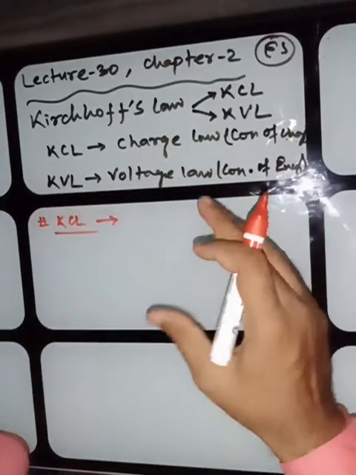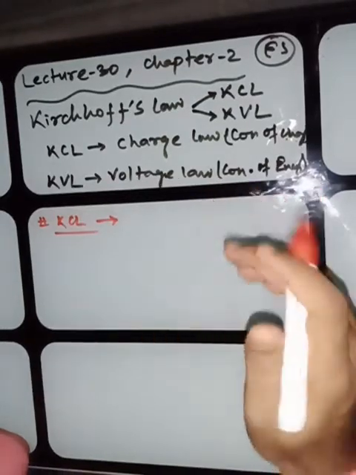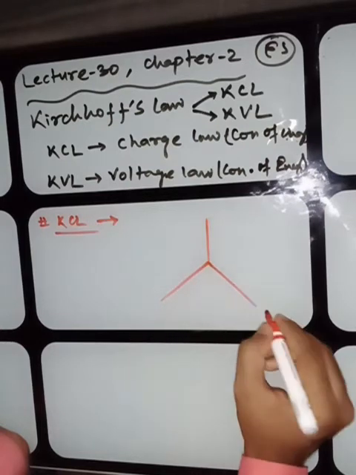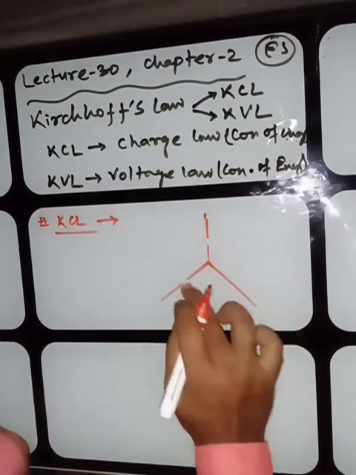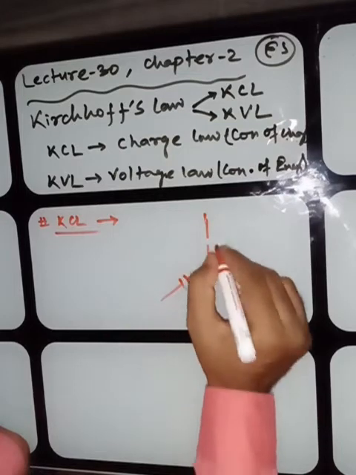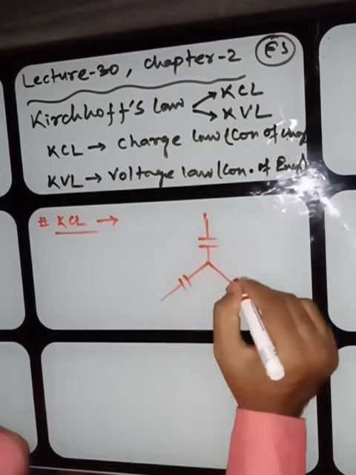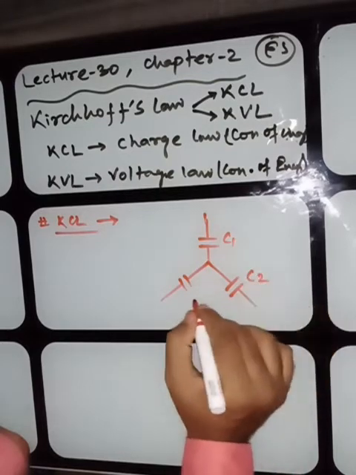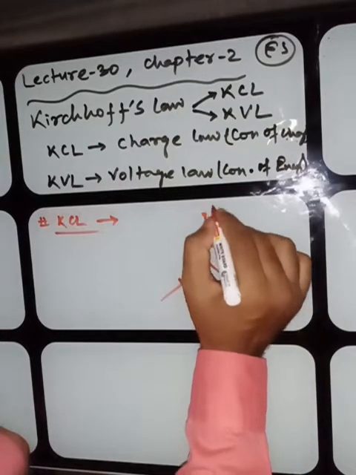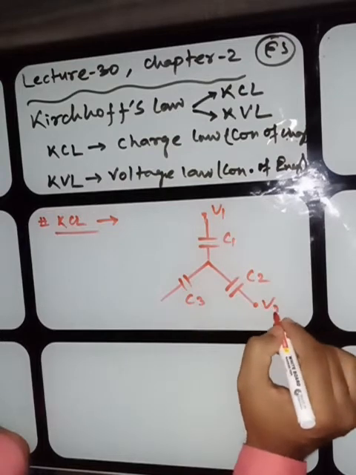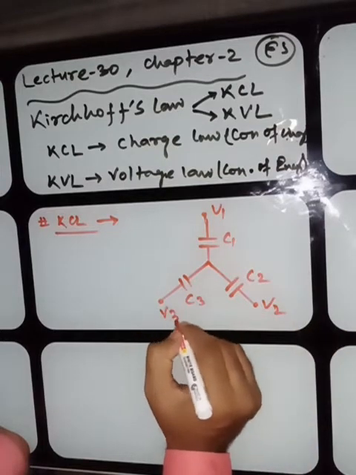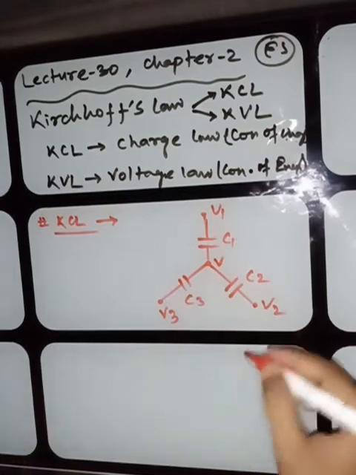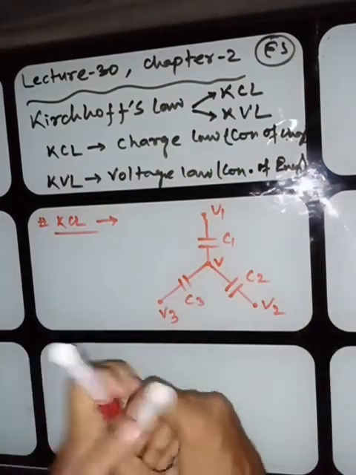What does it mean? It means if you are having a circuit like this one, and the capacitors are connected, okay, suppose C1, C2, C3, here the potentials are V1, V2, V3, and this terminal at the potential, suppose V, and charge are moving.